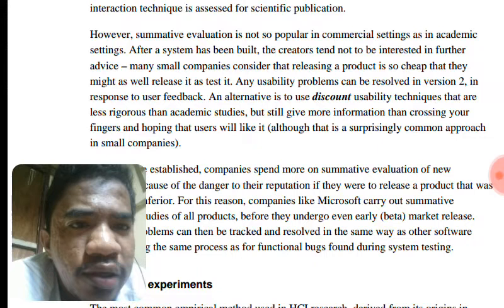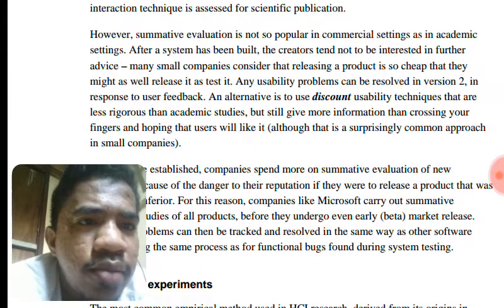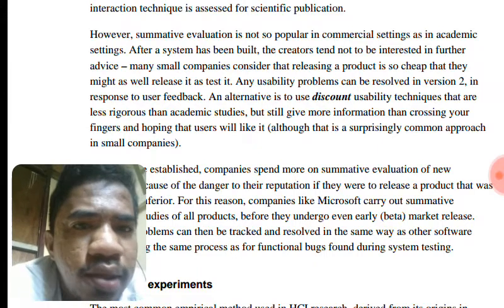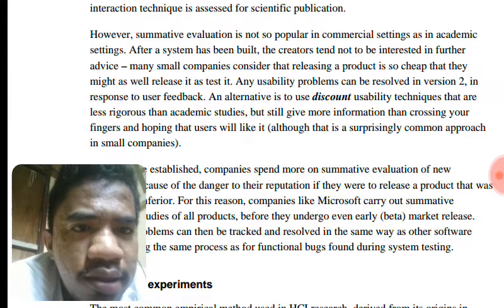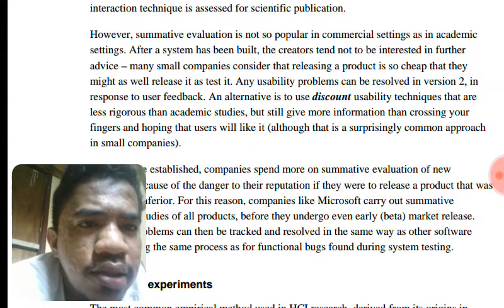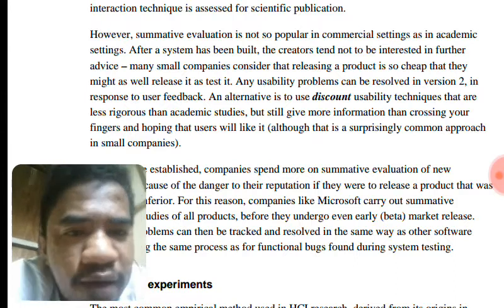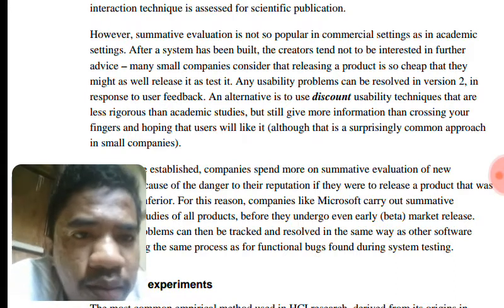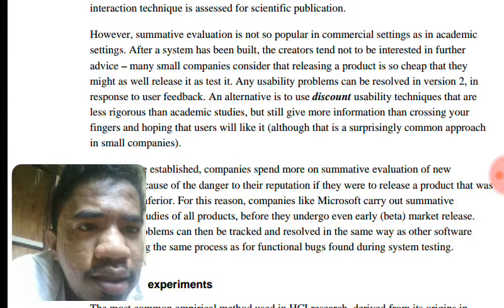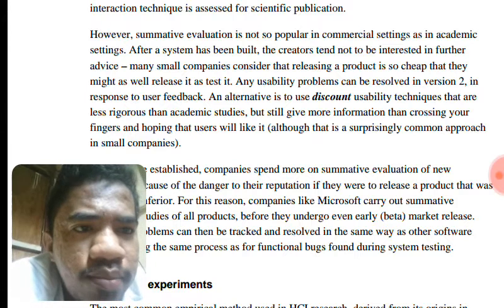However, summative evaluation is not so popular in commercial settings as in academic settings. After a system has been built, the creators tend not to be interested in further advice. Many small companies consider that releasing a product is so cheap.